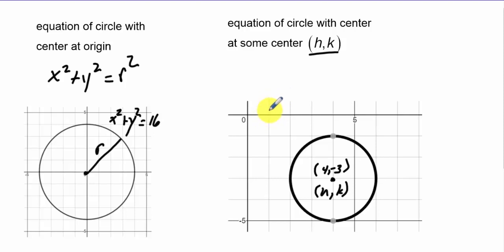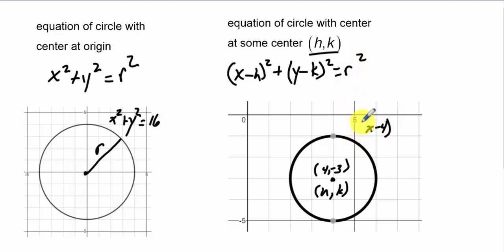So if I wanted to translate the center, the equation in general form is x minus h quantity squared plus y minus k quantity squared equals r squared. This particular example is x minus 4 quantity squared plus y plus 3 quantity squared is equal to the radius, I believe, of 2, so 4.